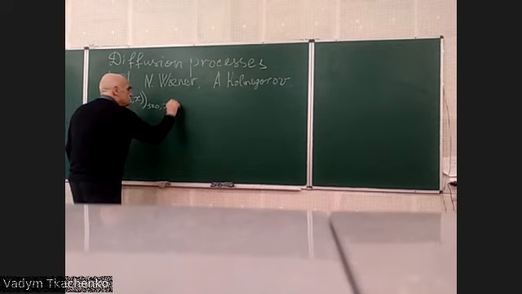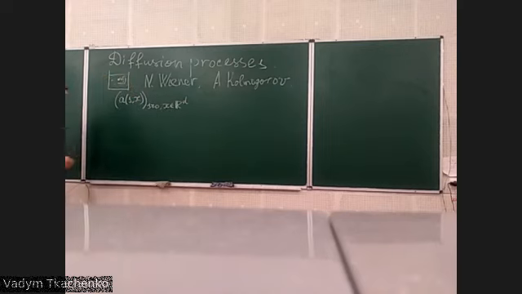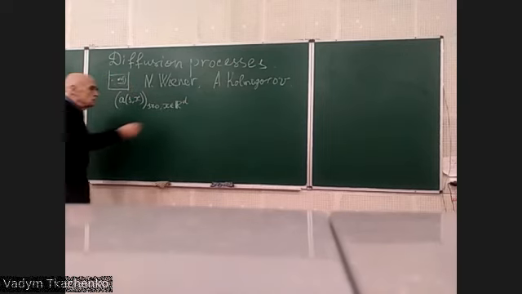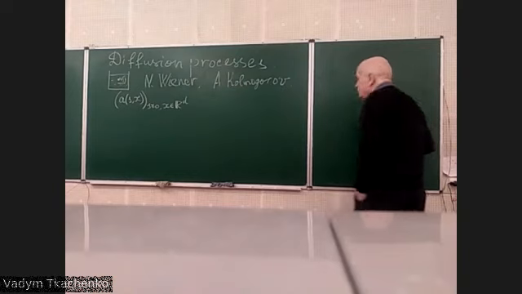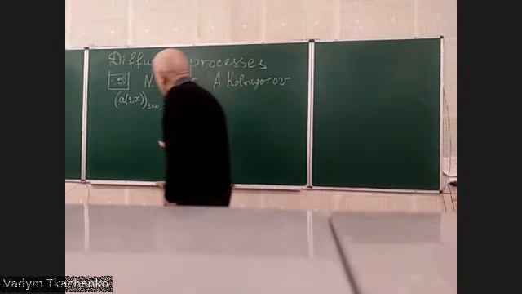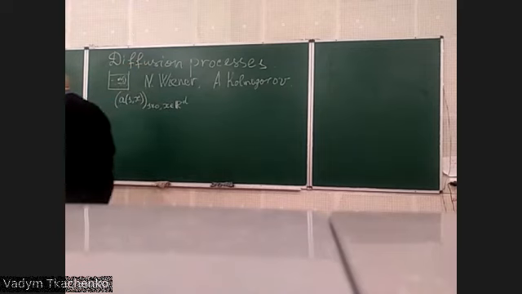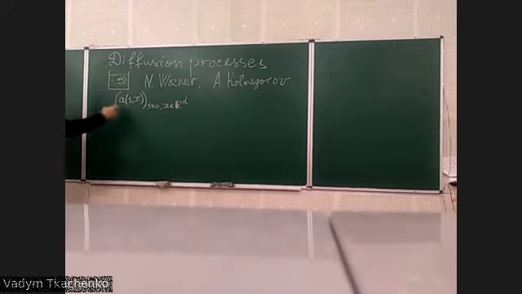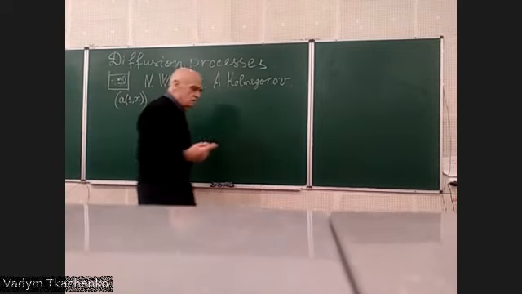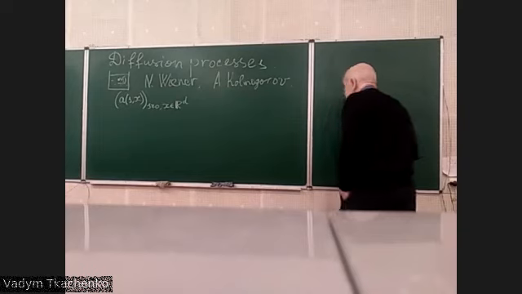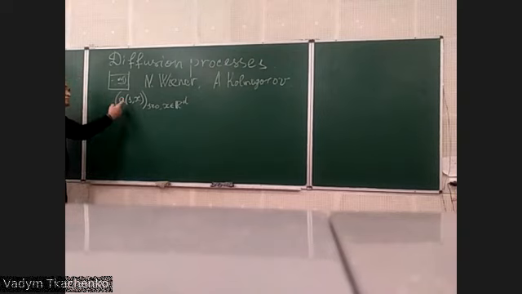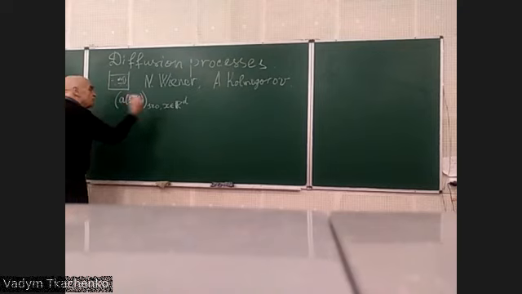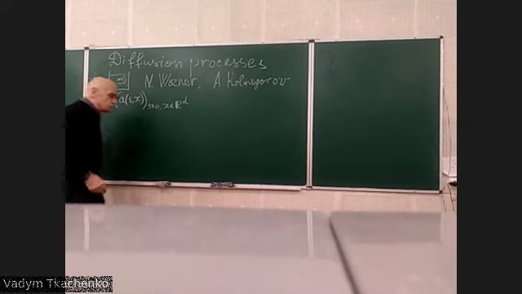Consider diffusion in the Euclidean space R^d. Here a(s,x) is a vector field, that is, this function is R^d-valued, and it means the macroscopic velocity of our particle at the point x of space at time s.